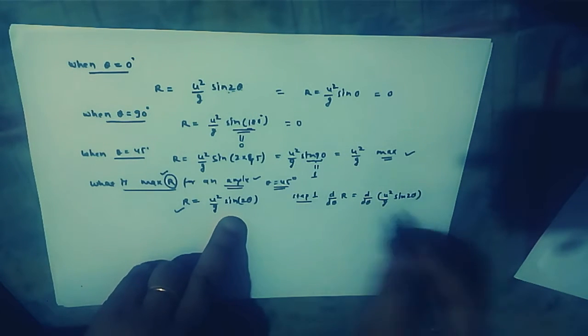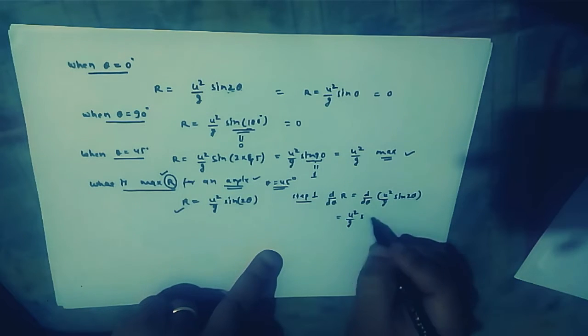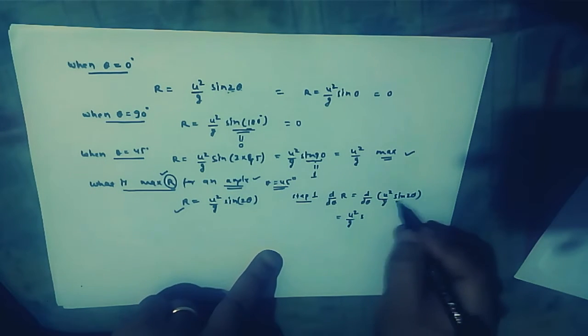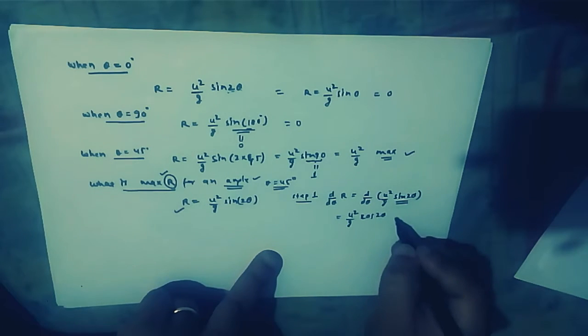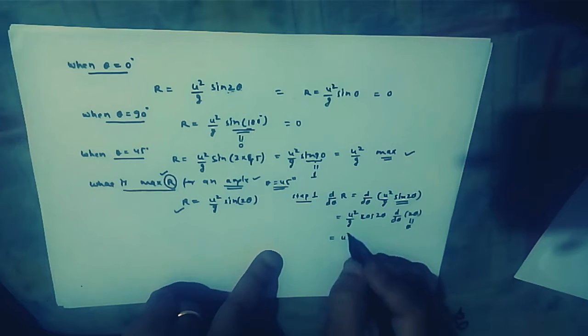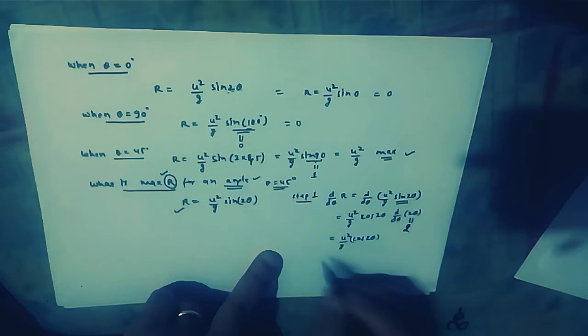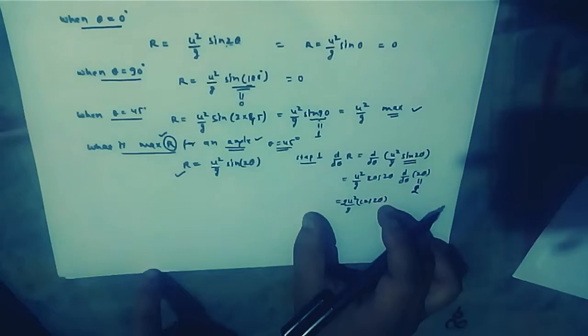That would be u square upon g, and then you differentiate sin 2 theta, so that would become cos 2 theta, and then differentiate 2 theta, d by d theta of 2 theta, that is the chain rule, which gives 2. So that is u square upon g cos 2 theta into 2. Okay, that is the first thing.